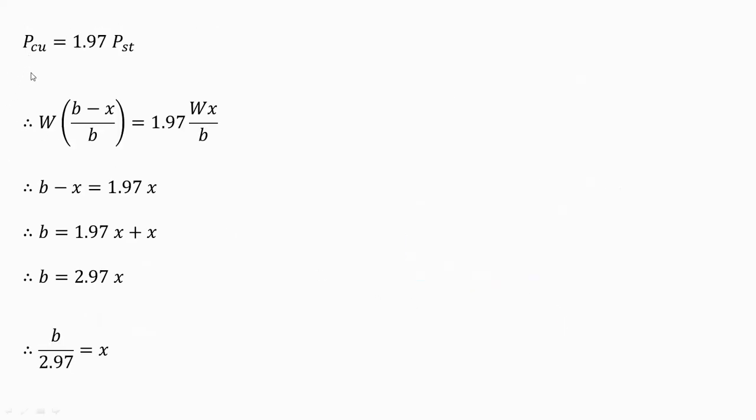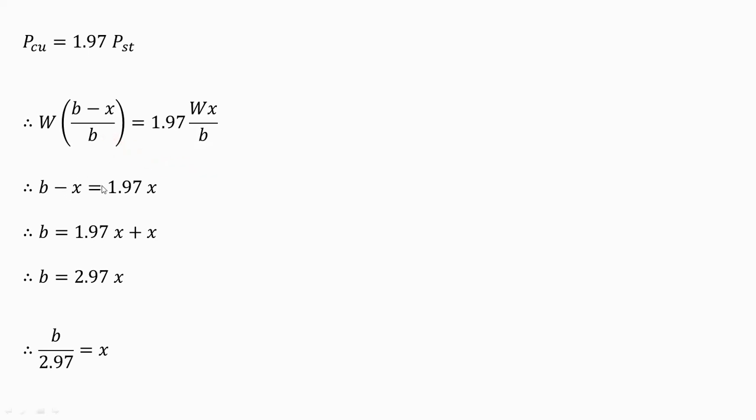But we know that PCU is nothing but W into B minus x upon B, and PST is nothing but Wx upon B. Cancel out W from both sides, and B from both sides. So B minus x in the numerator will be equal to 1.97 into x.